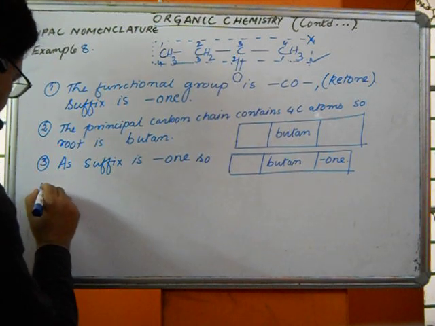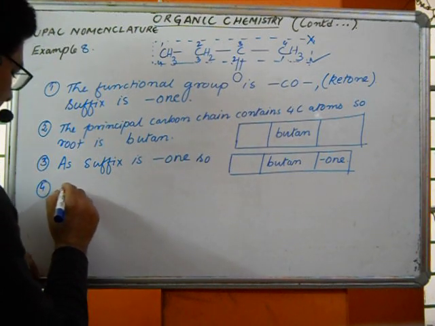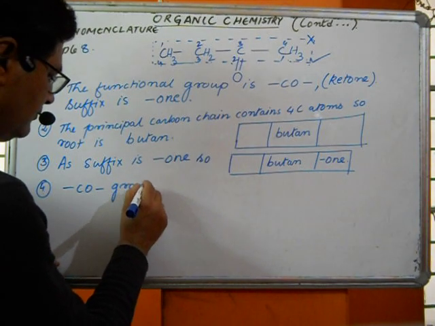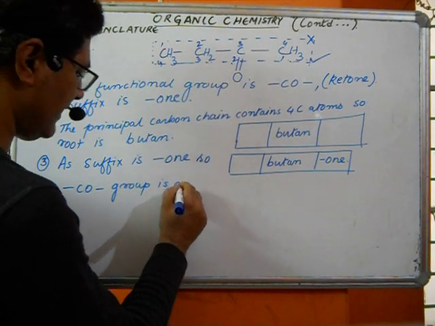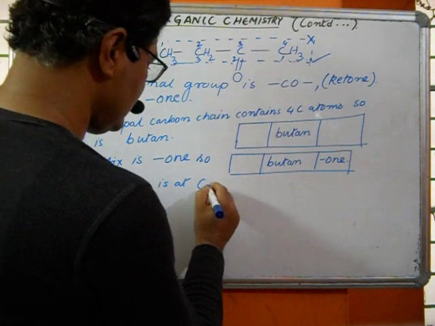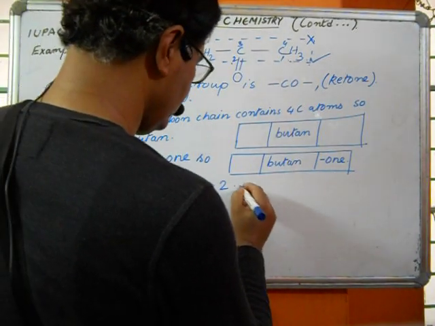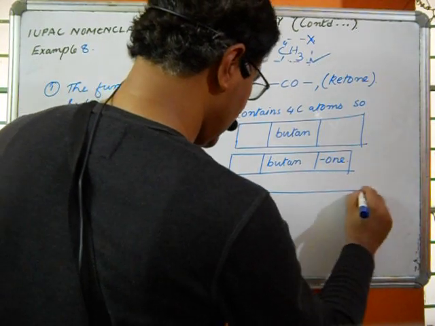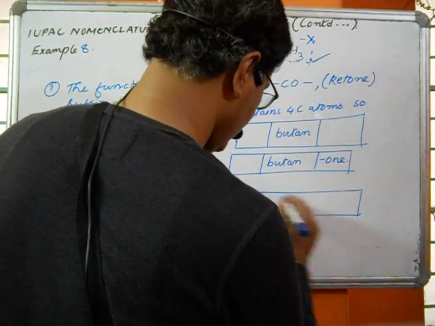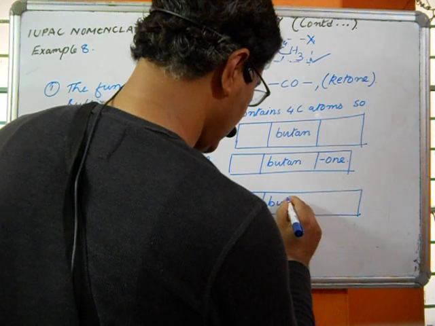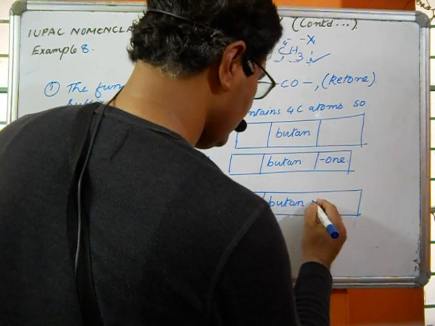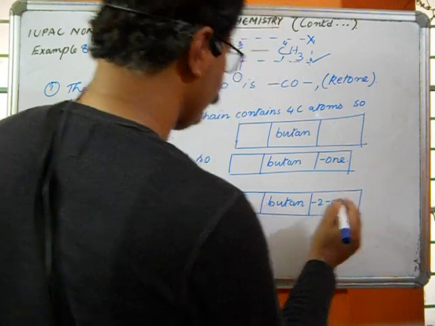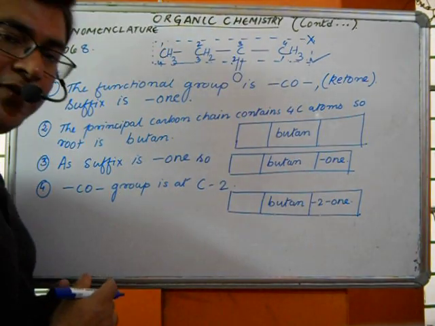So the dash CO group is at C2. So what is the name we are getting? We are getting butane dash 2 dash one. Is there any prefix?